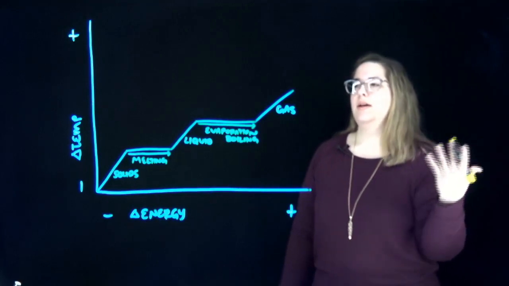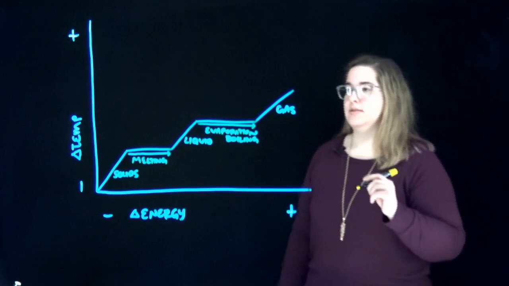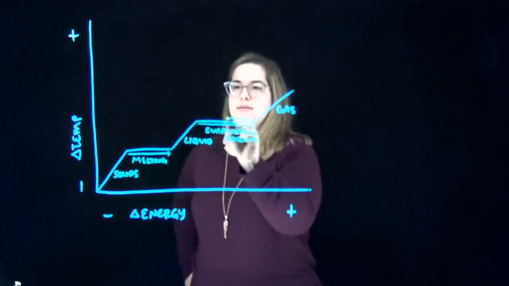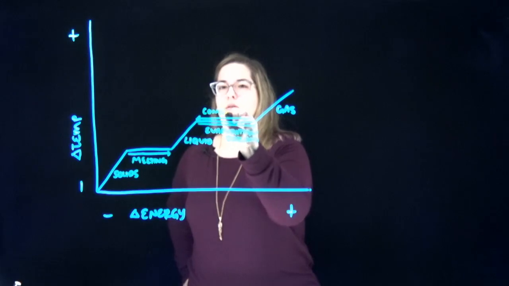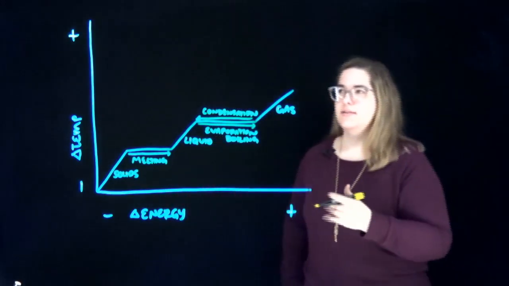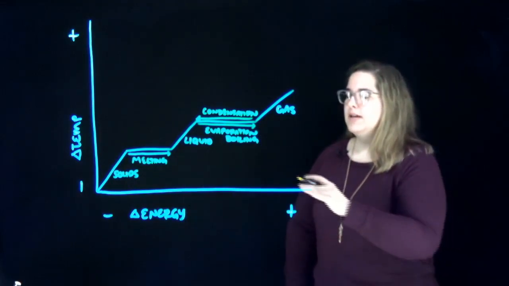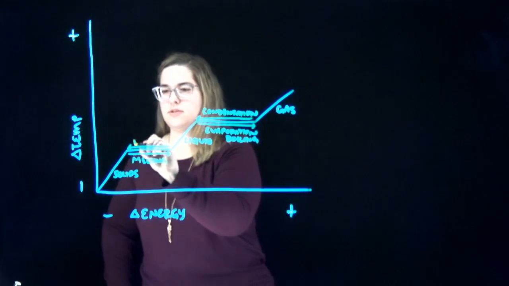Now if we were to work in the other direction, we should be familiar with all of those processes as well. When we move from a gas to a liquid, we call that condensation, or condensing. When we move from a liquid to a solid, that is called freezing, much like the ice cubes in your freezer.